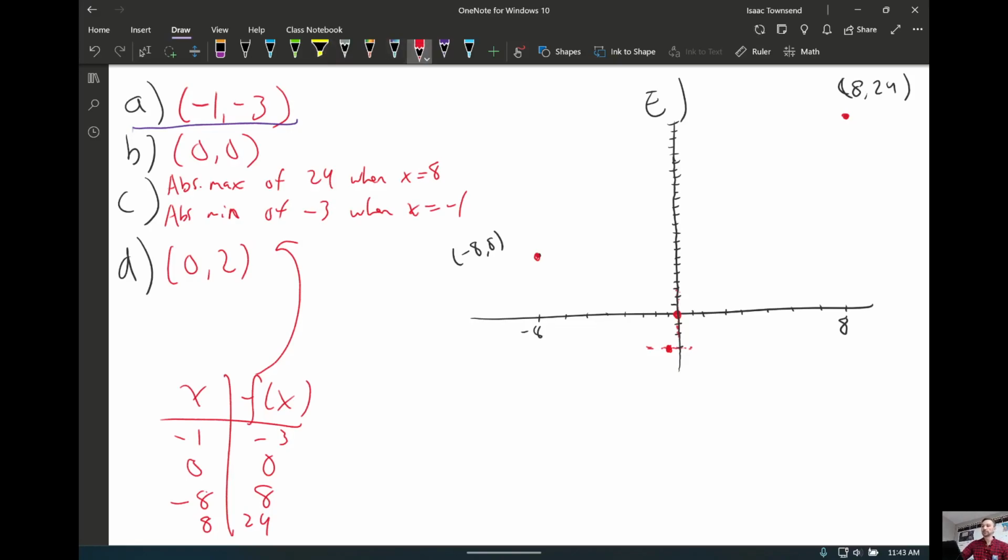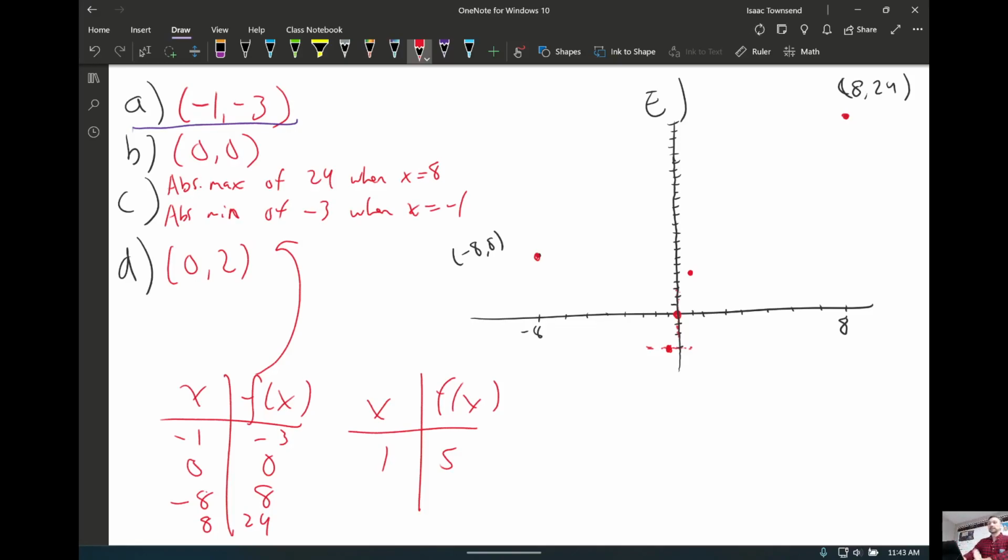So sometimes you might want to make a table and plug in some more points. Plug in 1. I'm looking at the function because I'm using points. If I plug in 1, I would get 5. So of course, the more points that you do, the better and more accurate your graph is going to be.